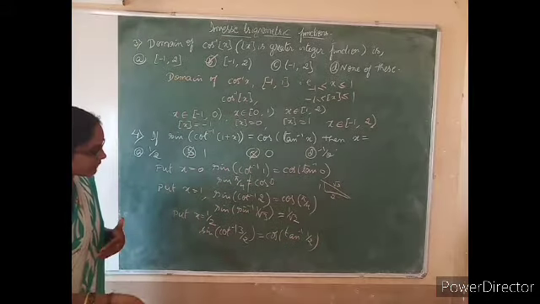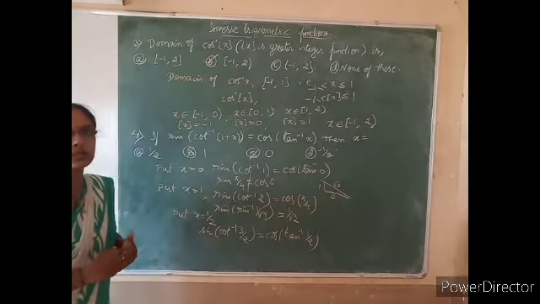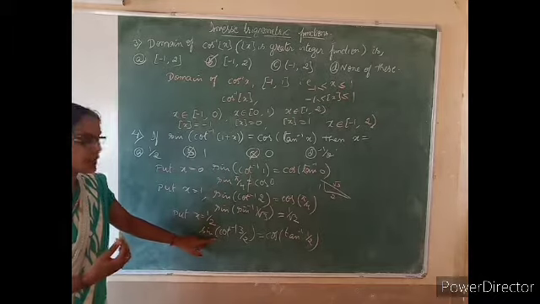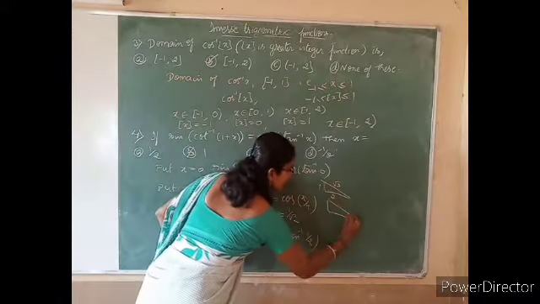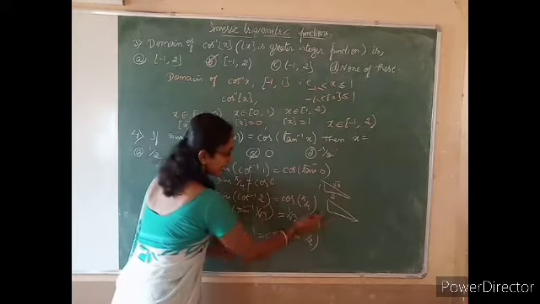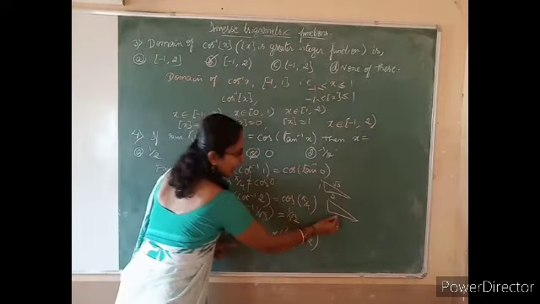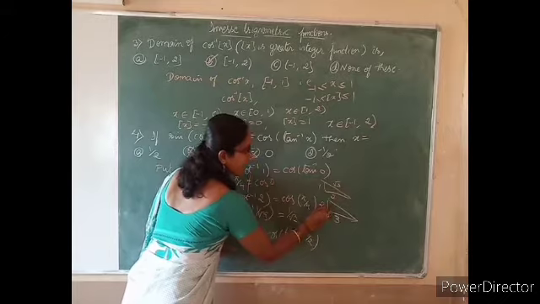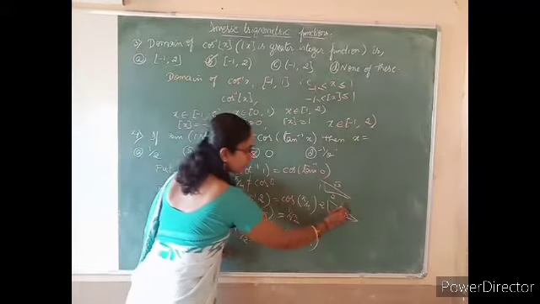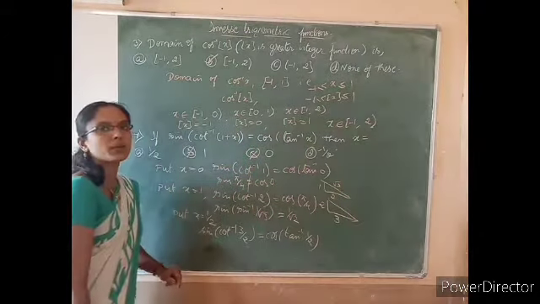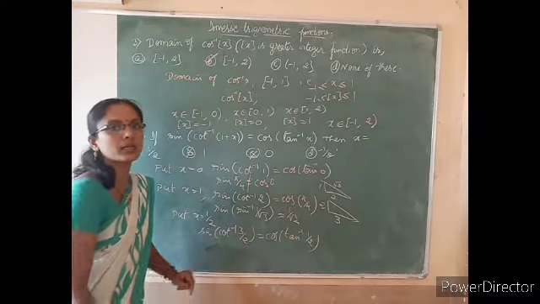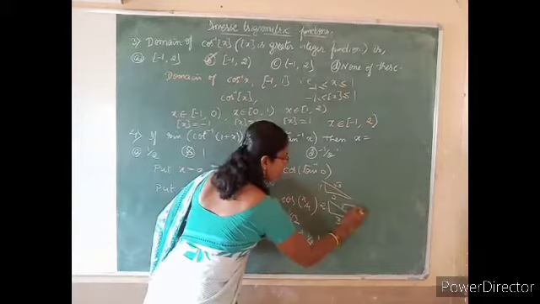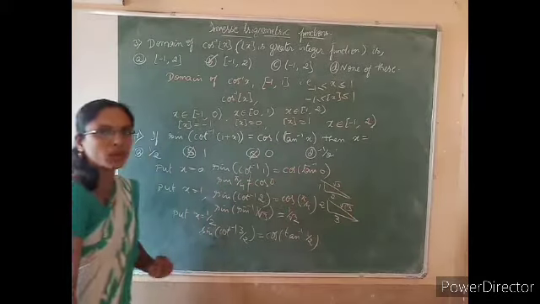I will convert cot inverse to sine inverse by the definition of the inverse trigonometric function. By considering a right angle triangle, cot is adjacent by opposite, so this is 3 and this is 2. Therefore the hypotenuse should be square root of 2 square plus 3 square, 4 plus 9, that is square root of 13.